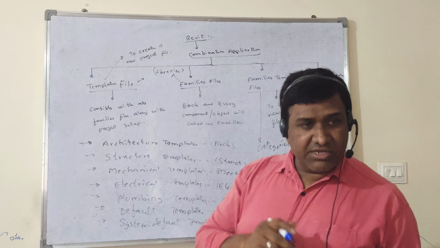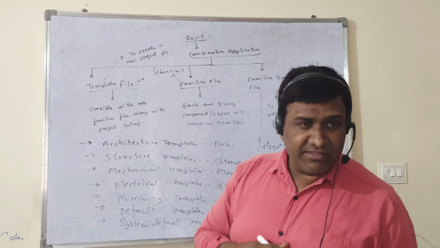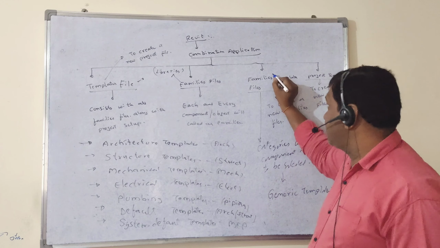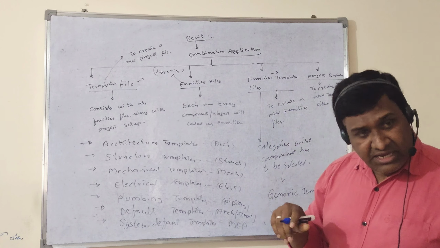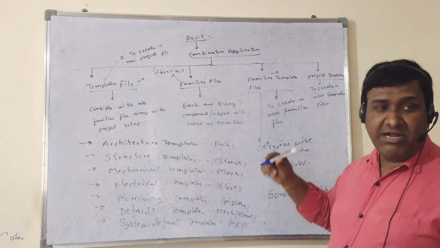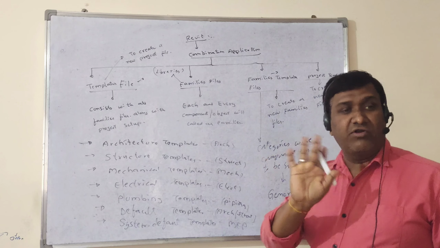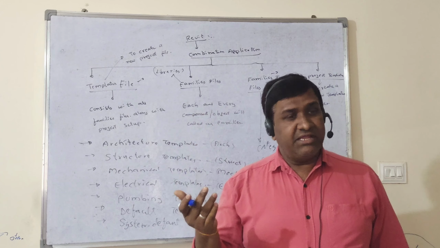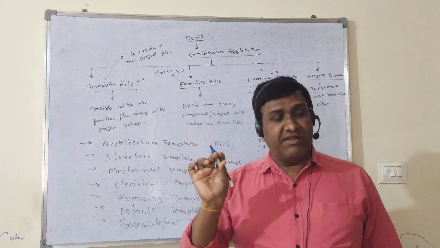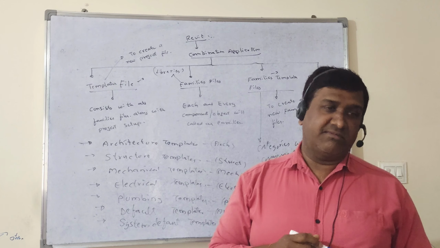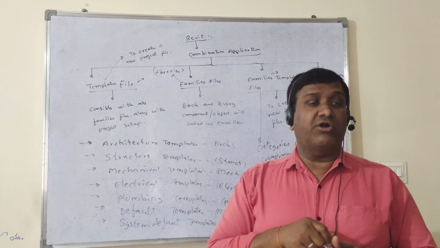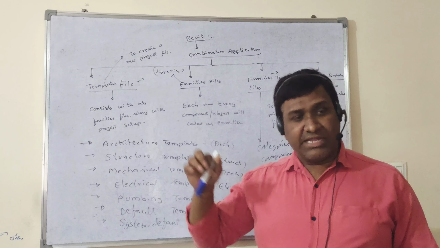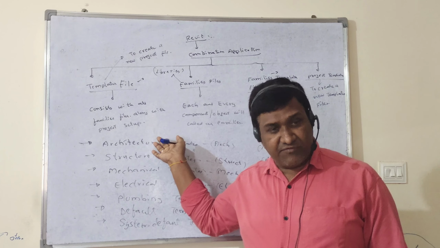In that library folder, you will find family files, and in the family templates folder you will find family template files. But for project template there will be no folder. We have to create a template, then only a new folder is going to be created, because it does not exist.